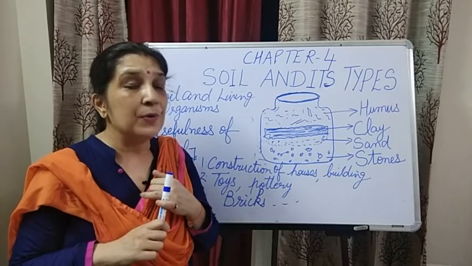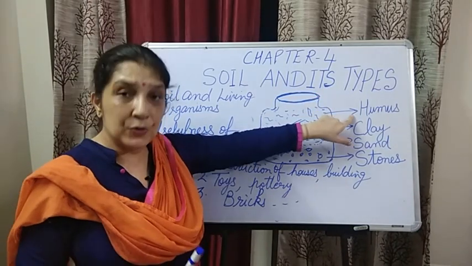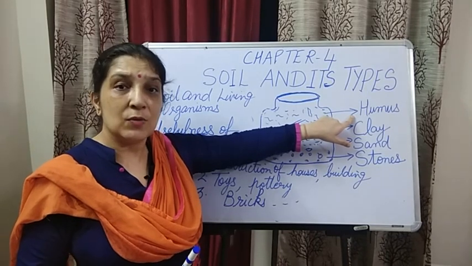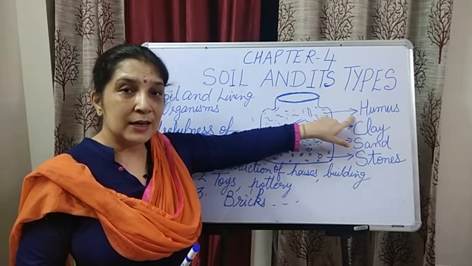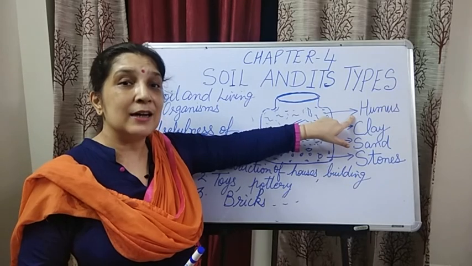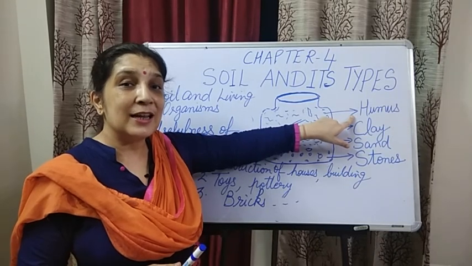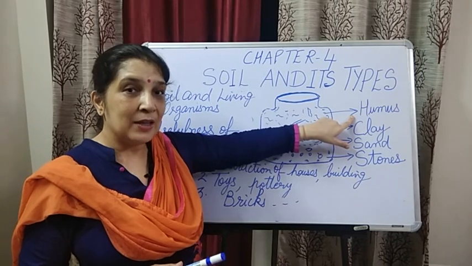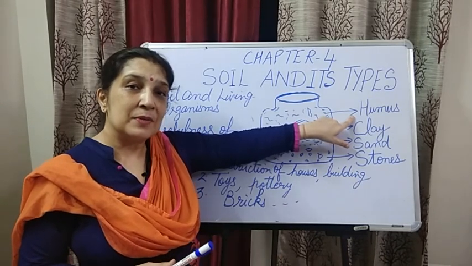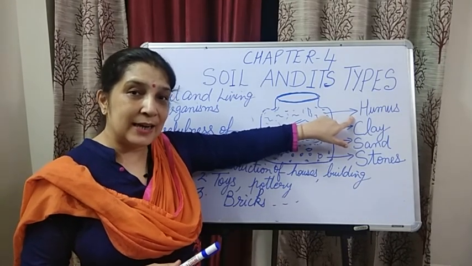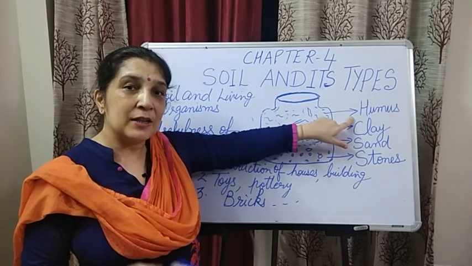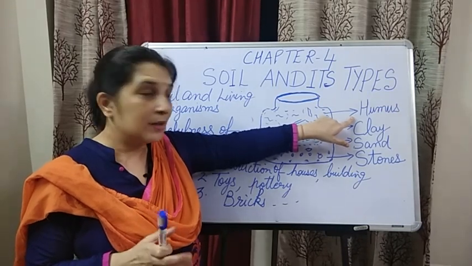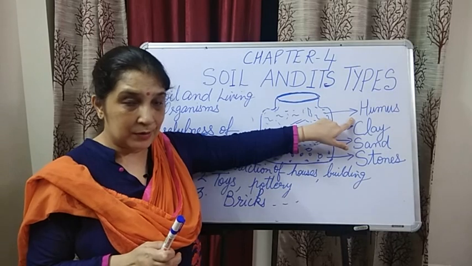I told you the meaning of humus. What is humus? It is present in the soil. The decaying animals and the dead leaves, when they mix up in the soil, humus is formed.